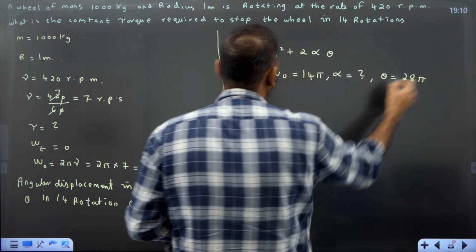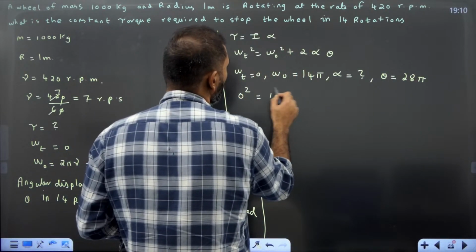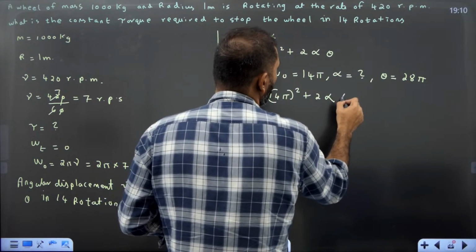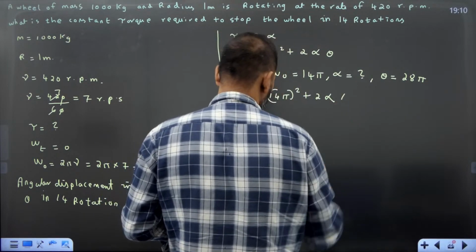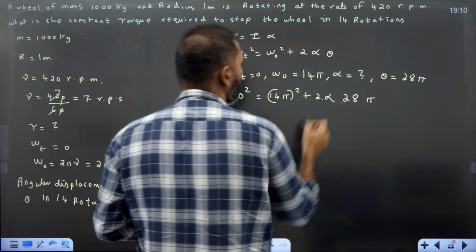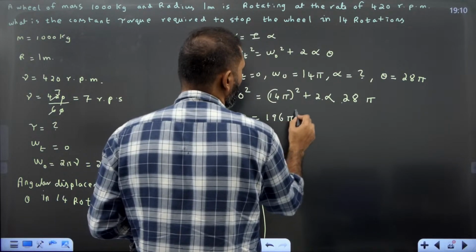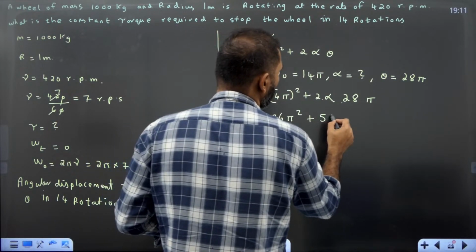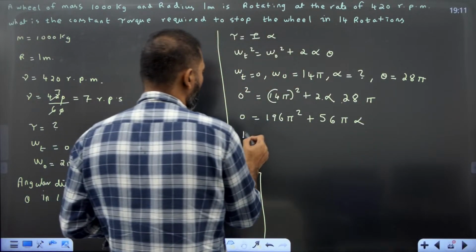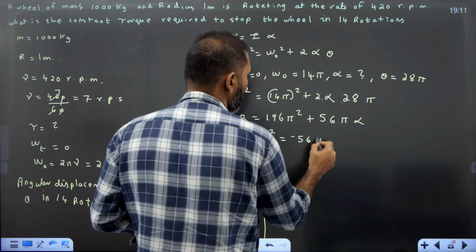So let's substitute. 0 square is equal to 14 pi the whole square plus 2 into alpha into 28 pi. So 0 is equal to 196 pi square plus 56 pi alpha. So 196 pi square is equal to minus 56 pi alpha.